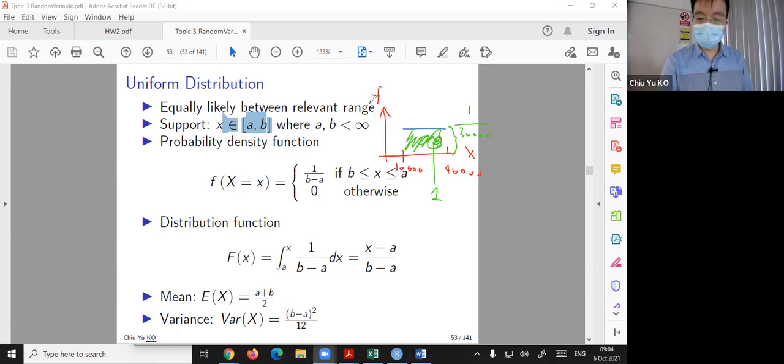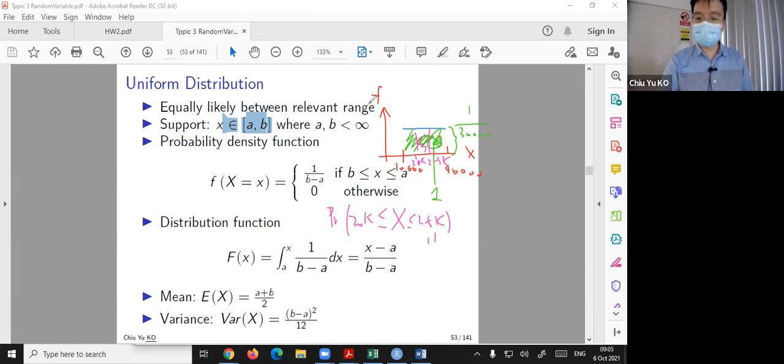So what is the probability that X is between 20K to 25K? Okay, that basically is 20K and 25K here, you calculate the area, right?